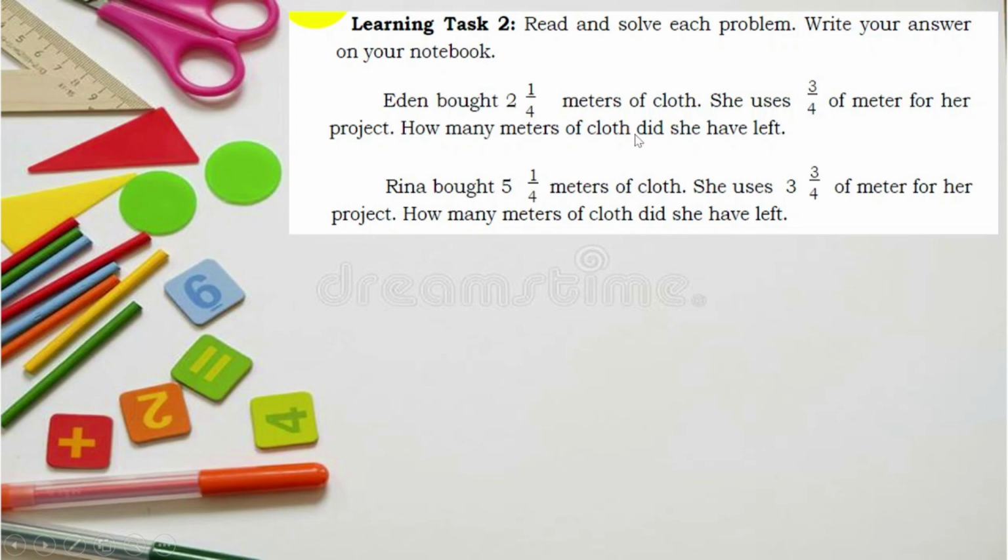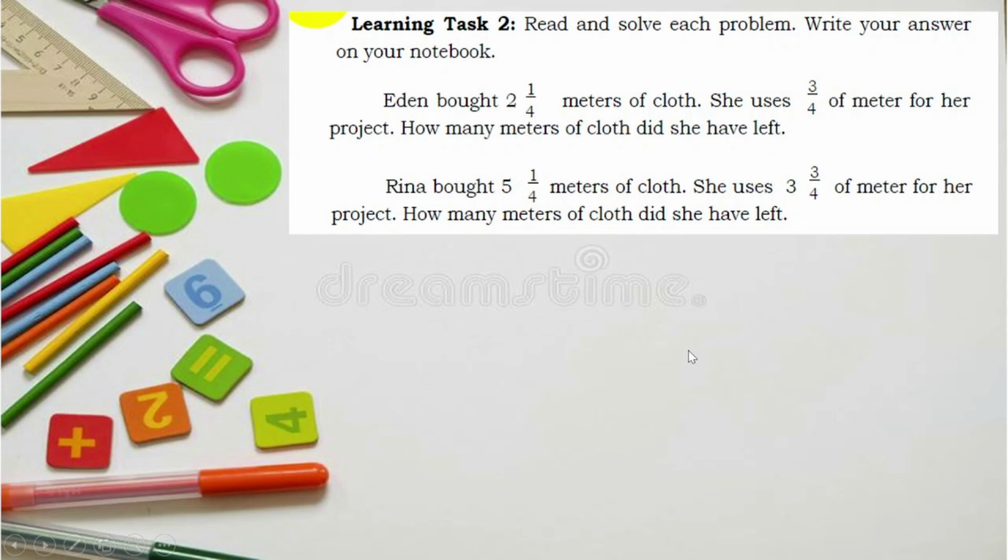So, again, they have the same denominator. Napakadali lang. Magre-regroup lang kayo dito ulit. Yung 5 and 1/4. Dapat mas malaki siya dito sa 3, yung 1. So, yung gagawin natin kanina, yung 5 magiging 4 and 4 over 4 plus 1/4 para magkaroon siya ng bagong fraction. Okay?